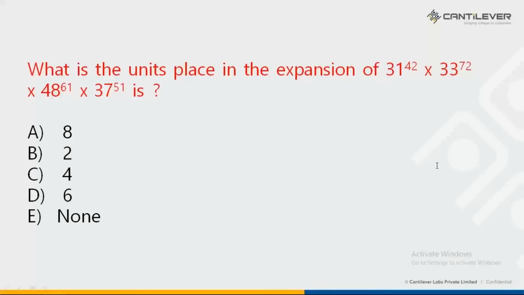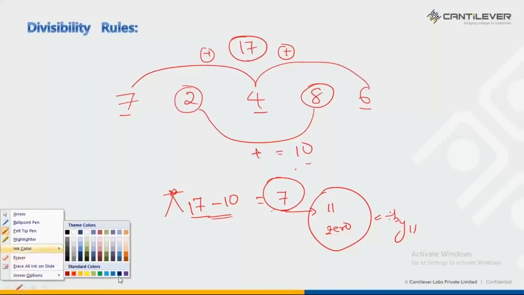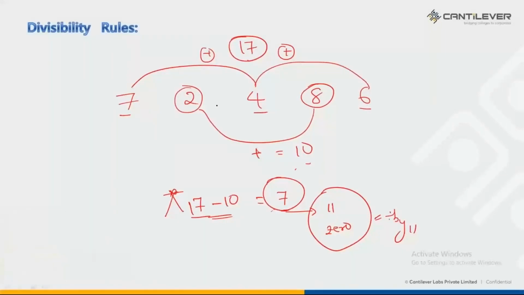7 and 11. Okay. See, 11 is simple, ma. Adding alternate numbers: first number, third number, fifth number, nothing but odd position numbers.